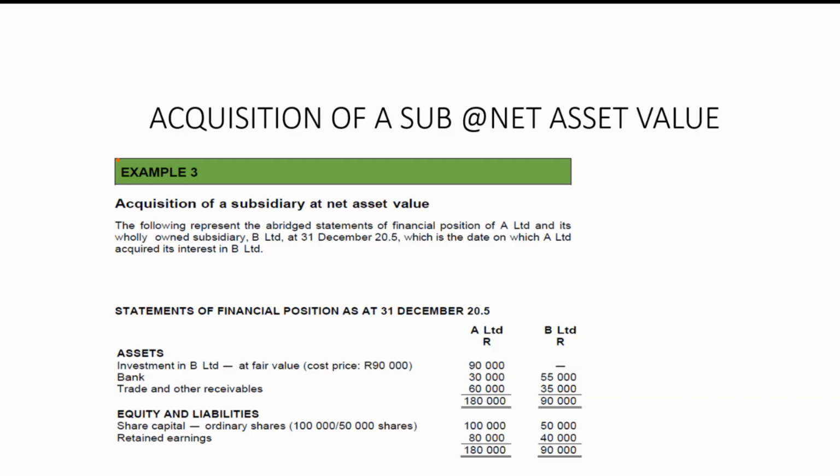We are given the statement of financial position of A Limited and the wholly owned subsidiary B Limited at 31st of December 20X5, because sometimes the date of the statement of financial position may not be the same as the date of acquisition. So it's very important for you to note those dates.